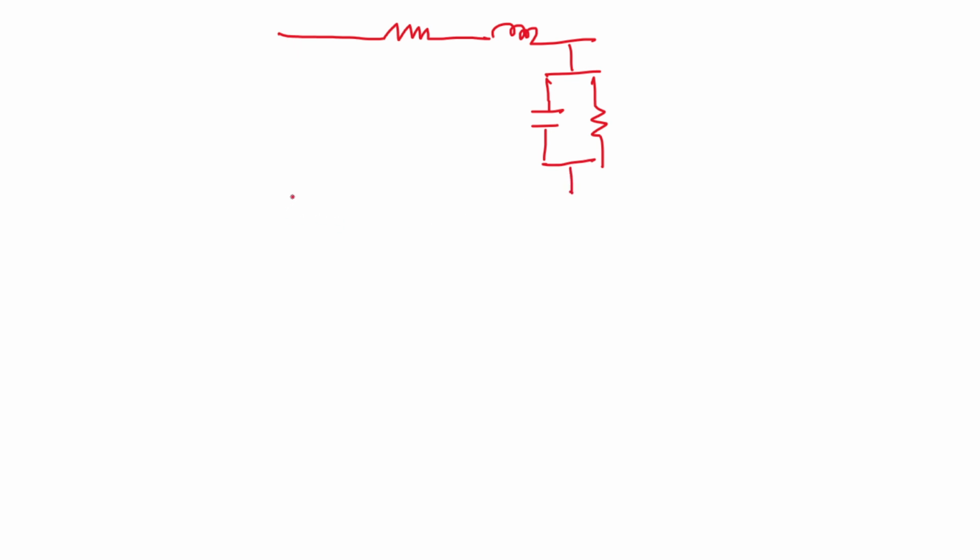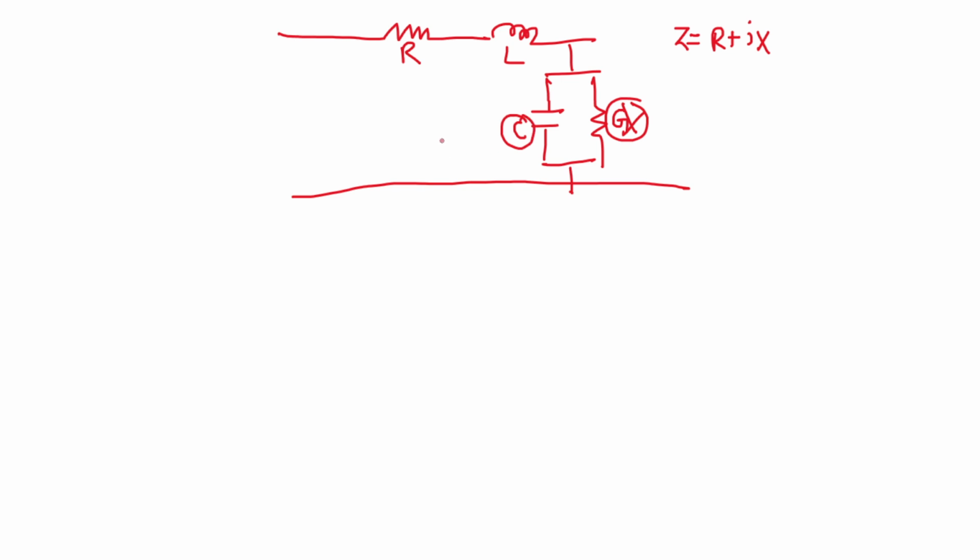In series we have R and L, which together form the series impedance, R plus jX. In shunt we have G and C. G is neglected because of its small value, so we have C and the shunt admittance. Primarily, we have series impedance and shunt admittance.